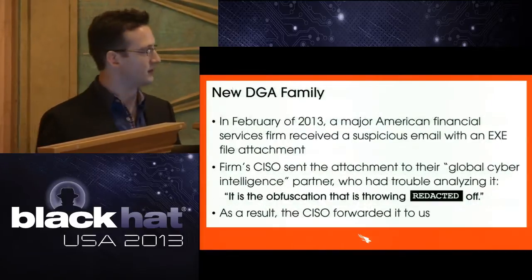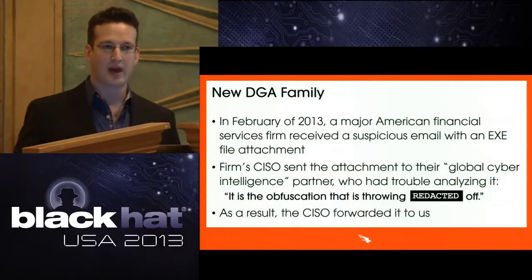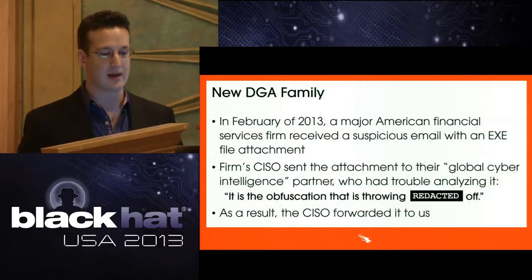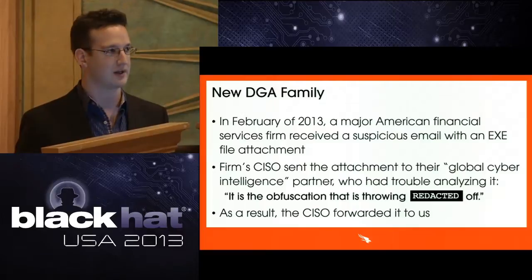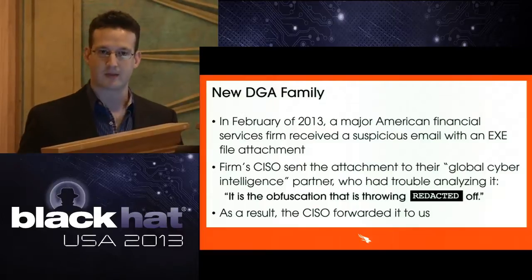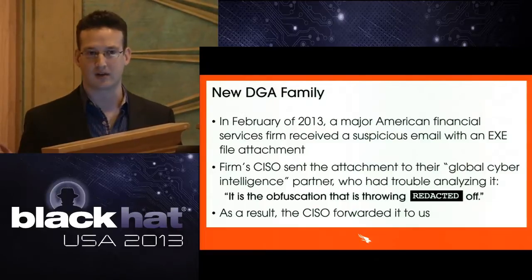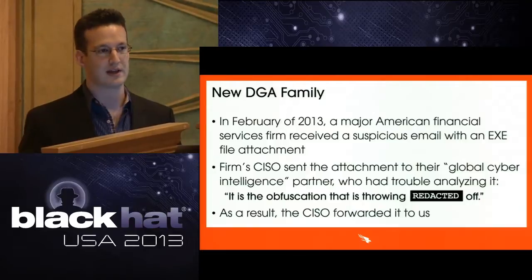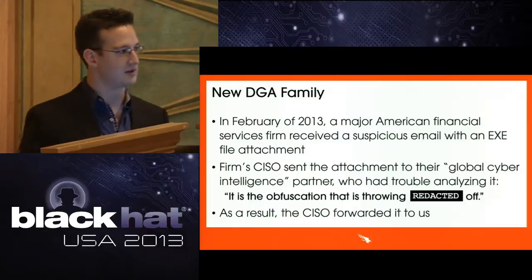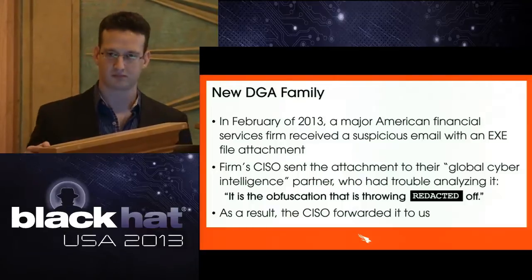So a few months ago, in February, we had the CISO of a major American financial services company email us and say, hey, CrowdStrike, we just received a suspicious looking exe attachment to an email coming into our networks.